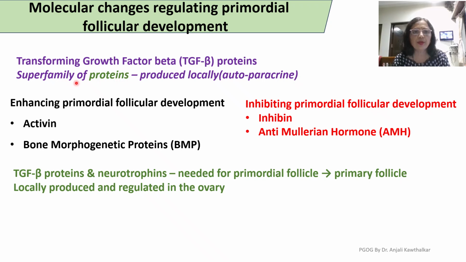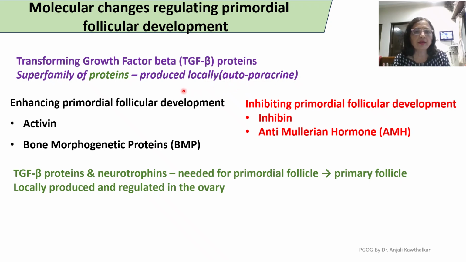It is called protein or peptide, and as I have already said, at some places in the books you will find it called peptides. Peptides are nothing but proteins which are smaller in amino acid number. So this super family of proteins is produced locally and acts as an autocrine paracrine system.